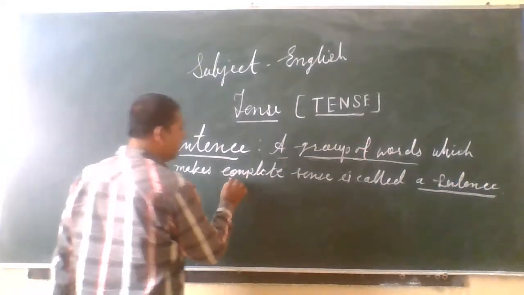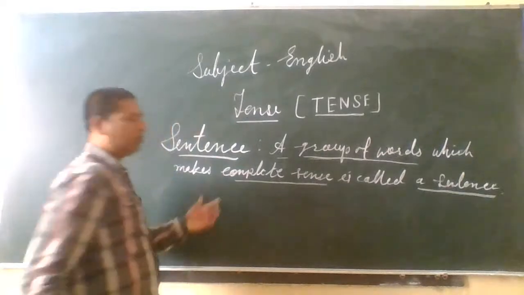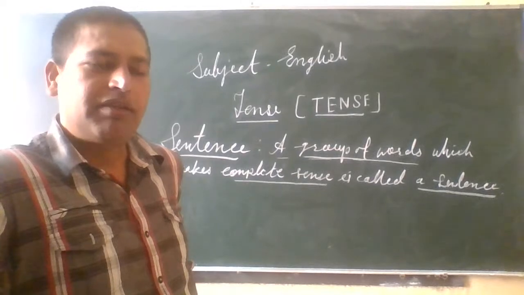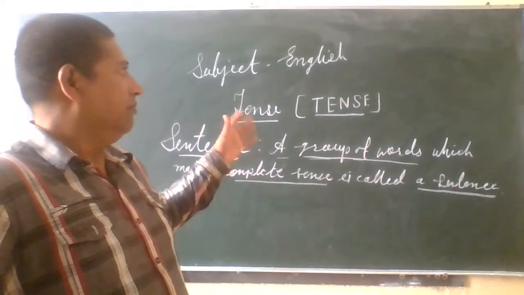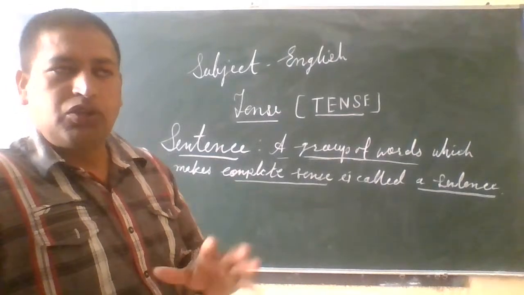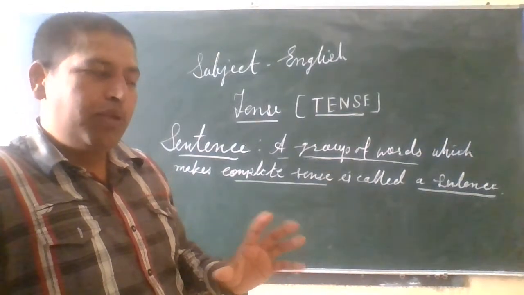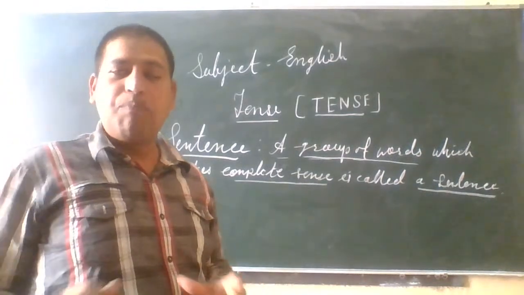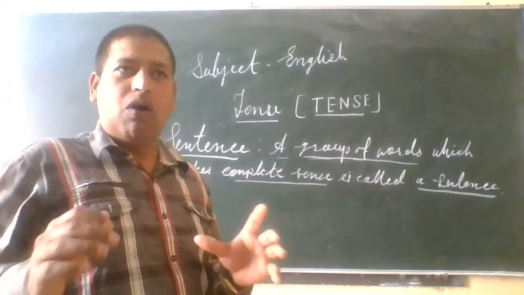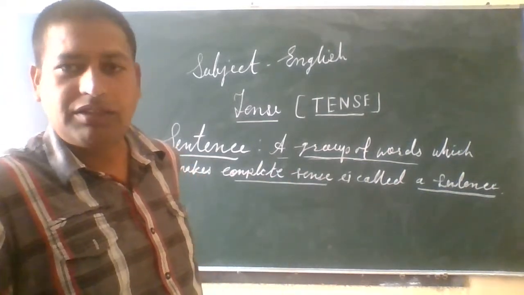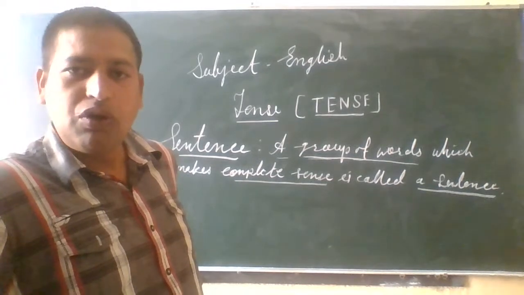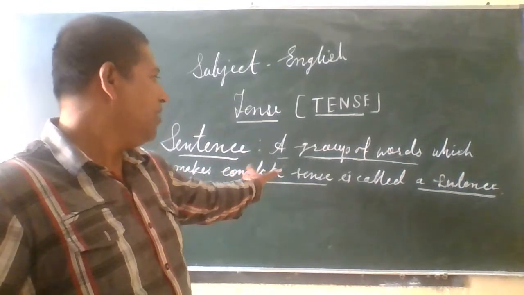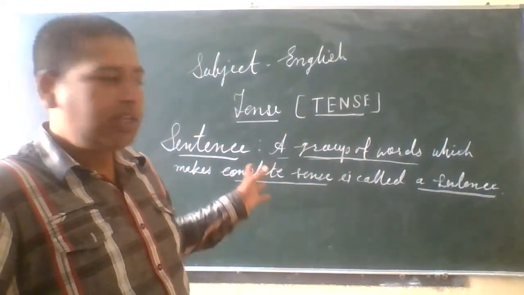So we can understand the sensation. Bench is there, students are here, blackboard is here, desk is here. We can get the complete sensation of the area of the school, the area of the class. It's called a sentence.